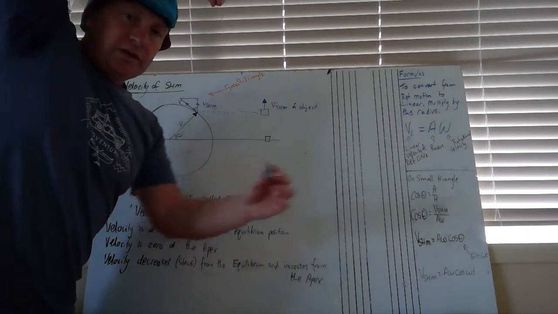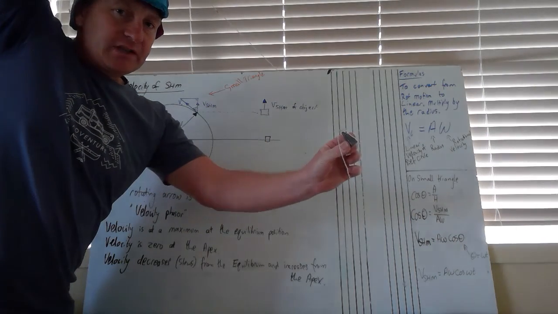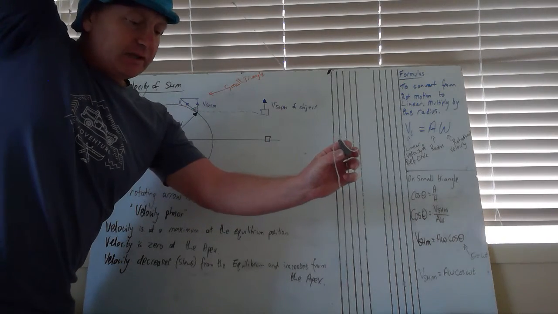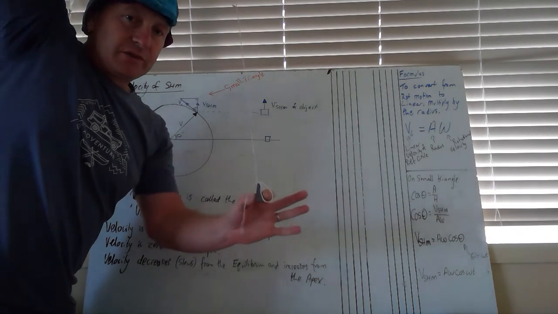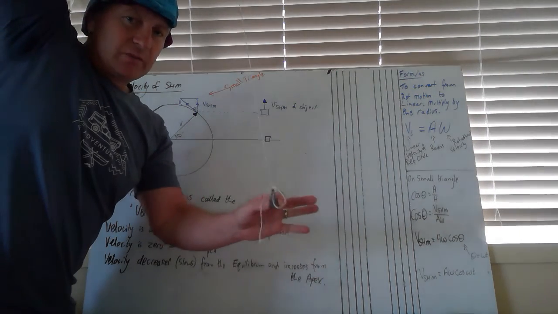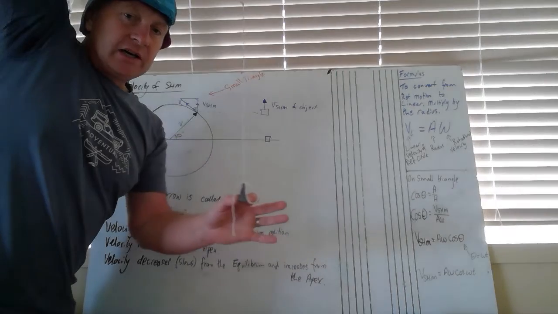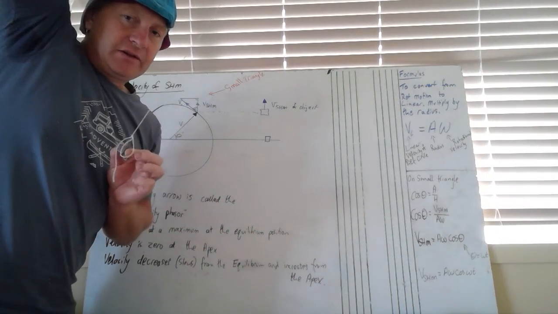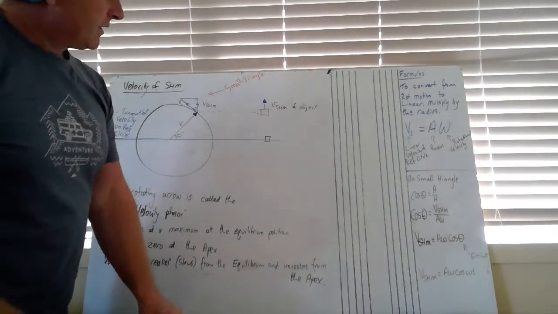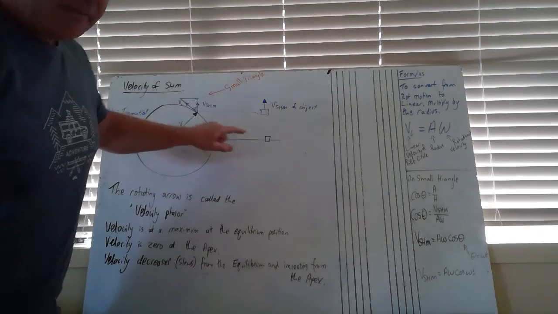If it was to swing like this, at the apex here it's actually momentarily stopped and it then starts accelerating backwards towards the equilibrium position, velocity at the maximum at the equilibrium, and then starts slowing down again to the other apex over here. So that was going up and down here.